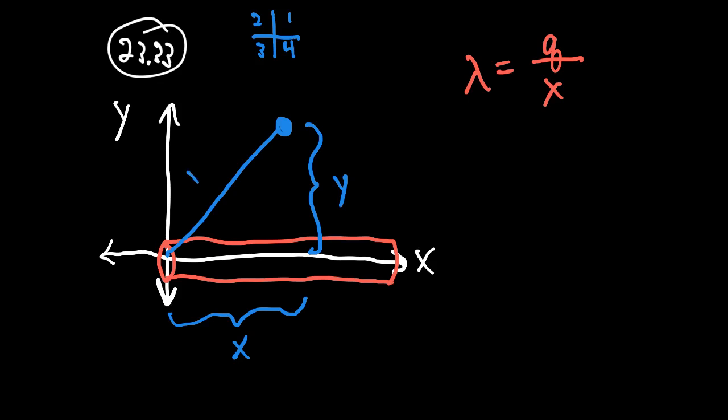I can call that distance r. And what is r equal to in terms of x and y? Square root of x squared plus y squared. How do we get that? Pythagorean theorem. That bastard Pythagoras.